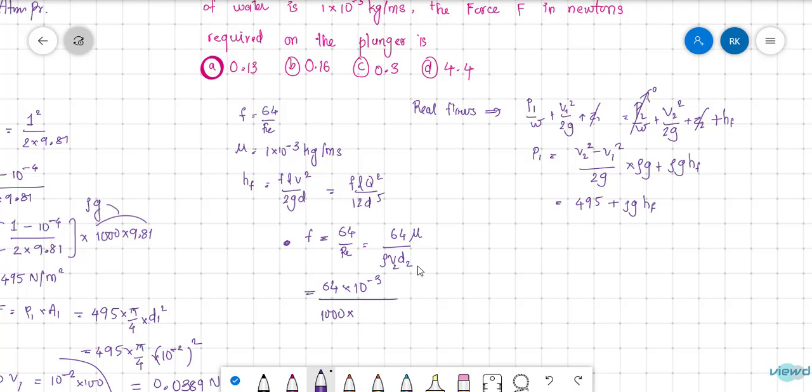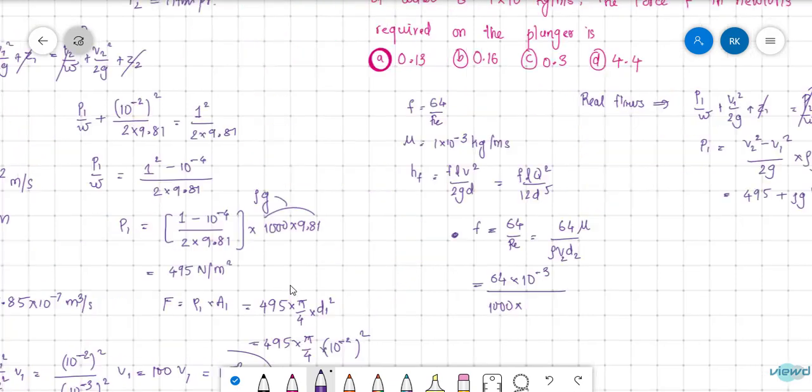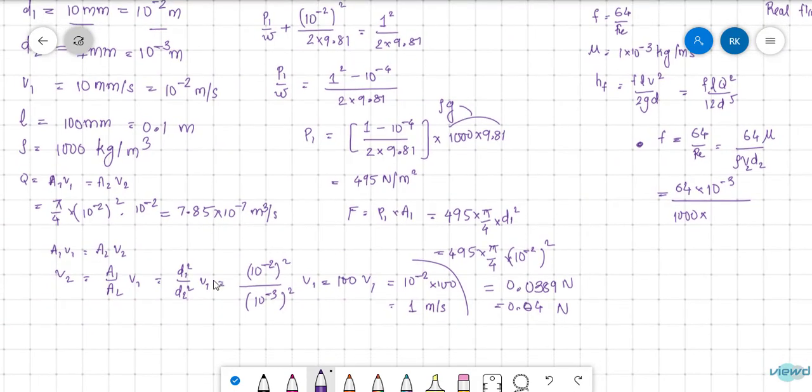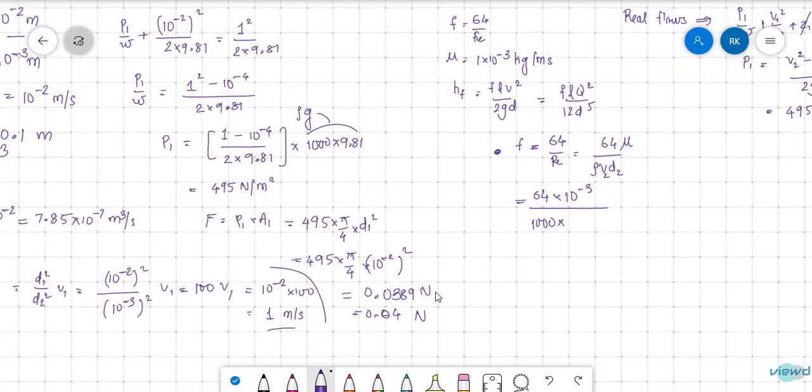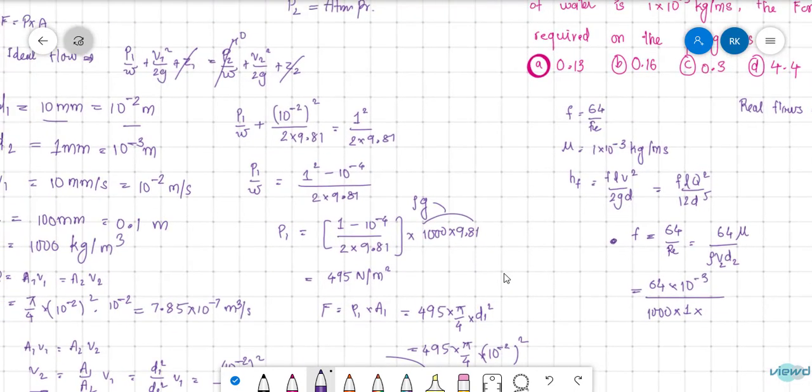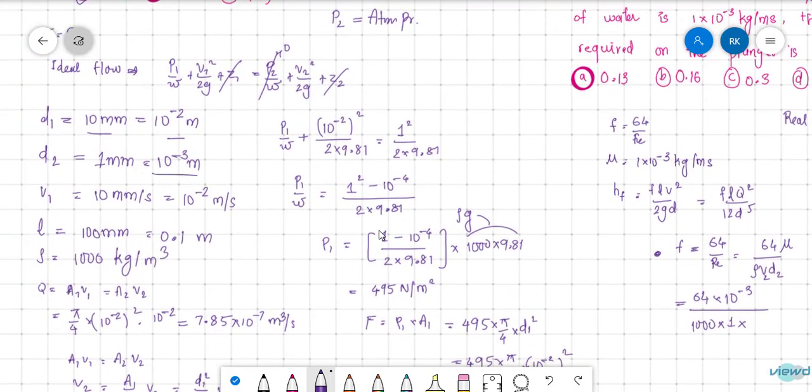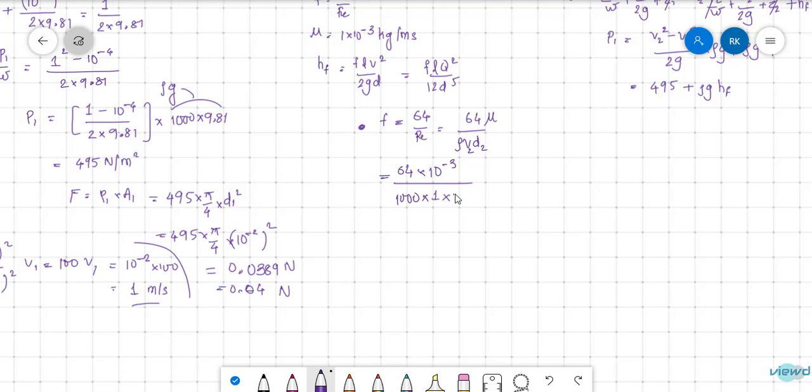I am taking it as V2 and D2. So velocity in the needle is V2, that is 1 meter per second. So V2 into D2. What is D2? D2 is 10 power minus 3 meter. So the powers of 10 get cancelled, and 64 by 1000, which is 0.064, is F.